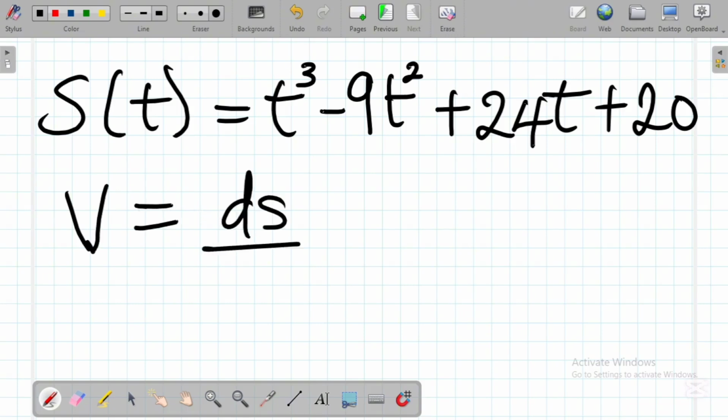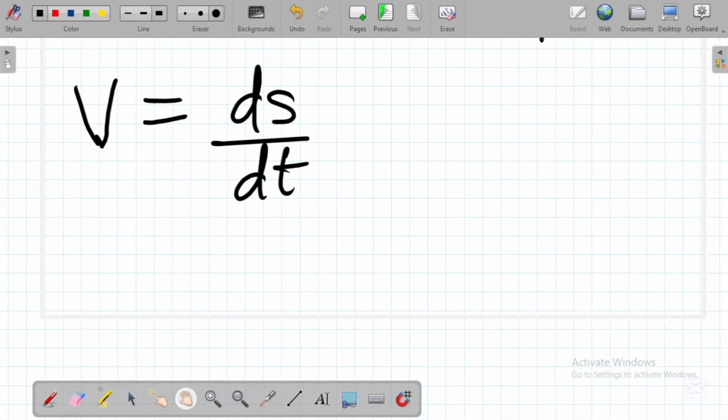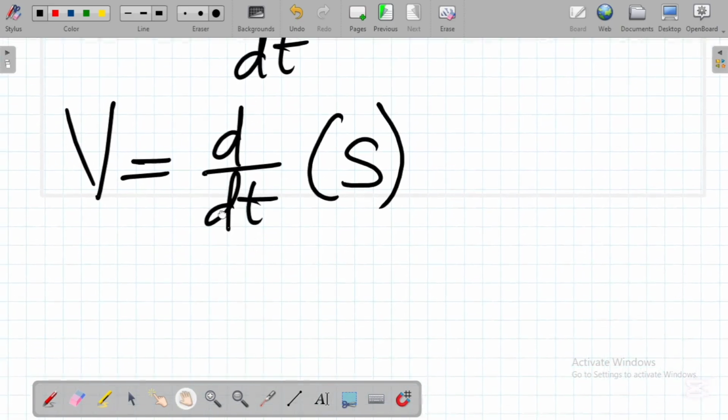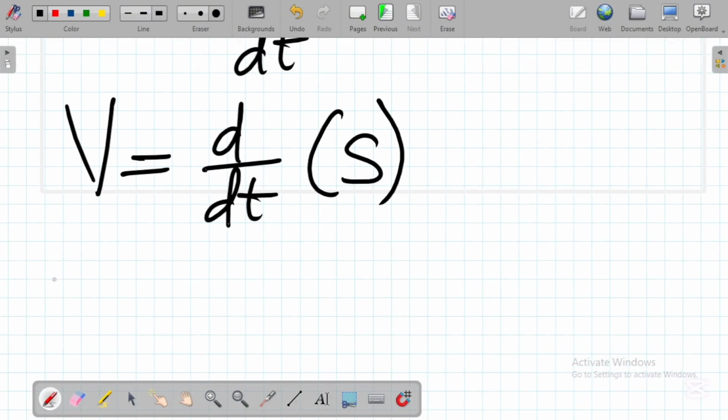So v equals d all over dt multiplied by s.